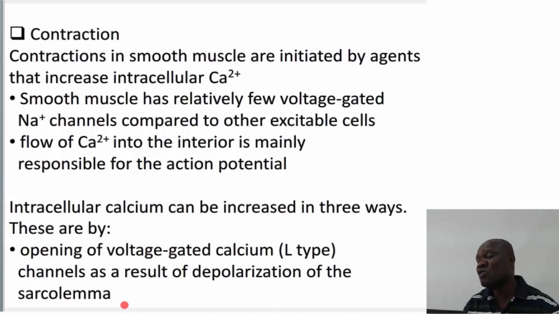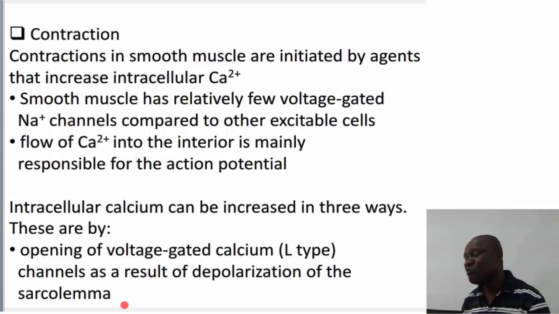Now, let's look at the contraction of the smooth muscle. Smooth muscle contraction is usually initiated by agents that will increase intracellular calcium concentration.